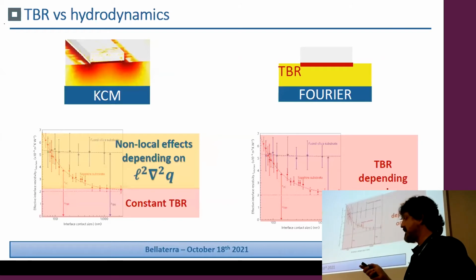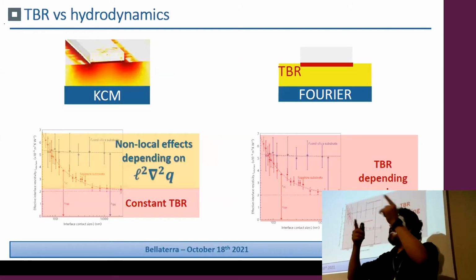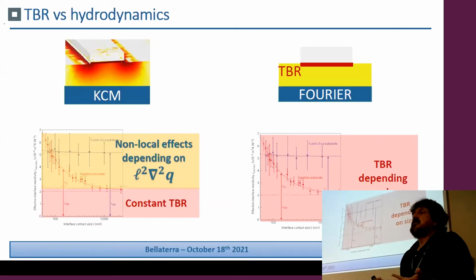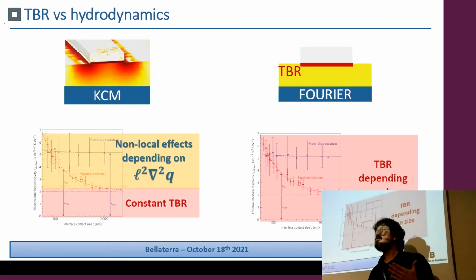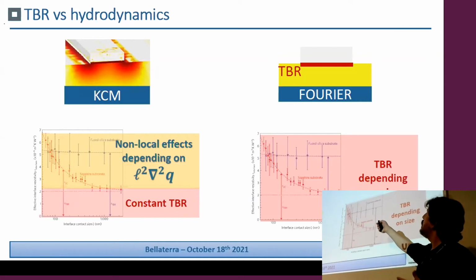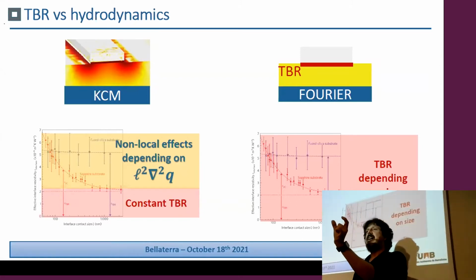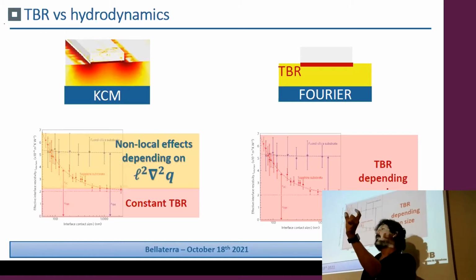Well, if you try to understand the effect of this metal line on the top of a substrate, you know that the usual point of view is to include a TBR. So you usually use a TBR because you say, well, as you have a tiny structure, this structure has an increased thermal boundary resistance.